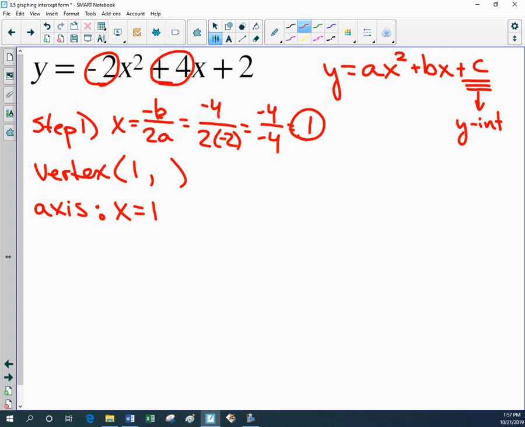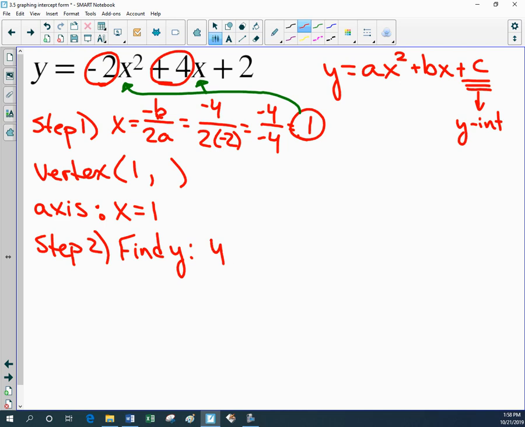Okay, step two is after we find x, then we're going to find y. And to find y, we plug in our answer from x into the equation and find out what y is.